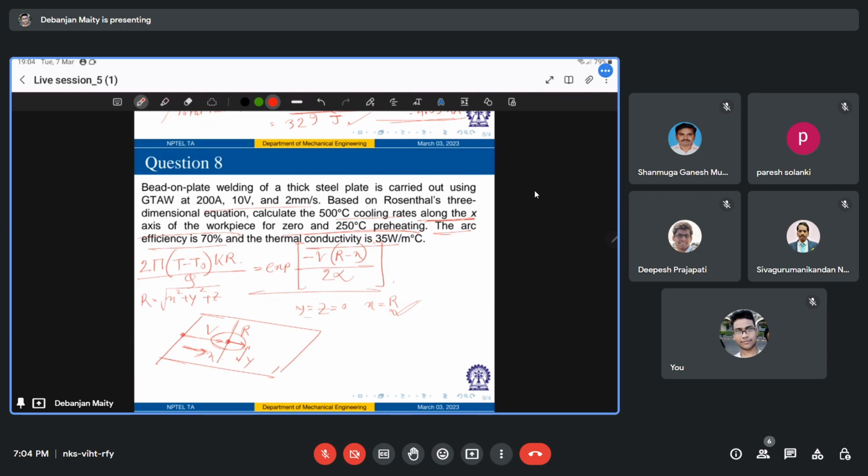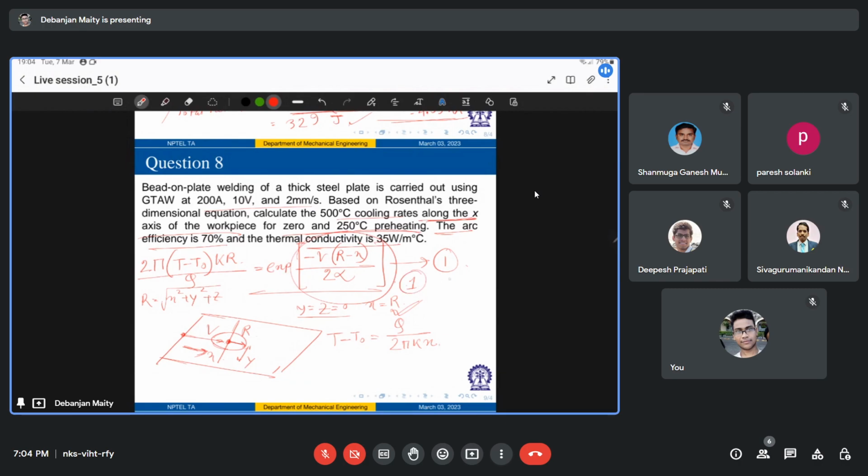If y and z are 0, this equation will become T minus T naught equals q by kx, and the exponential part will be 1, because y equals z equals 0.